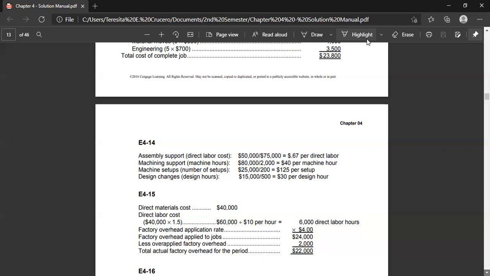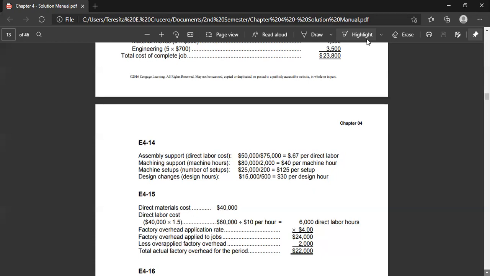So if you will close, you are going to debit factory overhead, and you credit the account under and over applied factory overhead. The total direct material cost for the period was $40,000. Total direct labor cost, at an average of $10 per hour for direct labor, was 1.5 times the direct material cost.